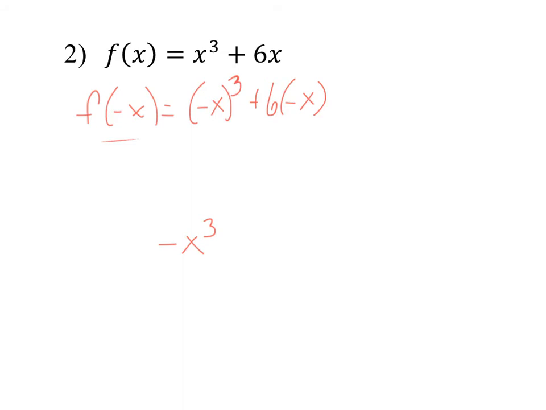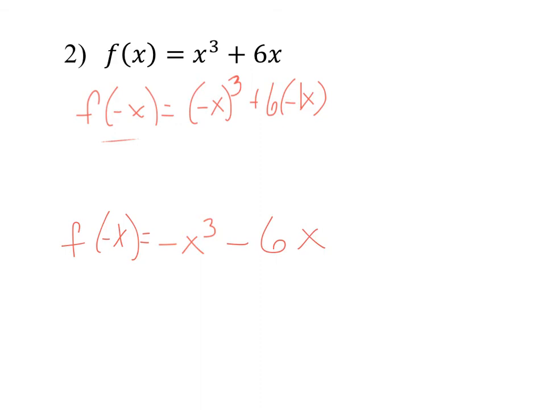Whenever it's an even exponent, like a 2 or a 4 or a 6, what's in parentheses is always going to end up being positive. So then 6 times negative x is just negative 6x, because this is a negative 1. 6 times negative 1 is negative 6. So f of negative x looks like this.